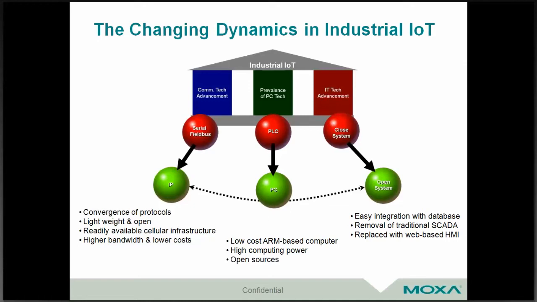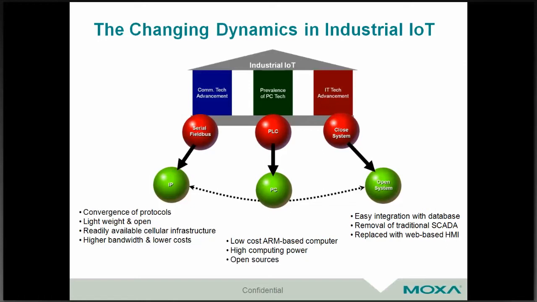There are three major forces and trends in the market that we see driving M2M to become industrial IoT. The first one is, again, that serial field bus is becoming IP-based. We also see a convergence of field buses. For example, in the past, all the PLC manufacturers had their own protocols, right? Like Profibus, CC-Link, those types of PLC protocols.